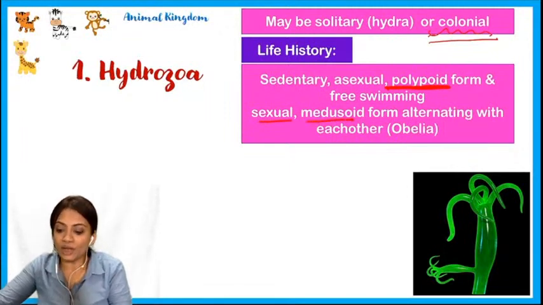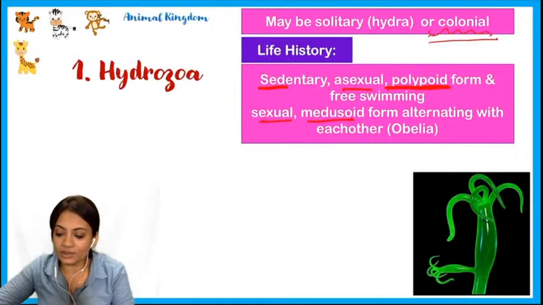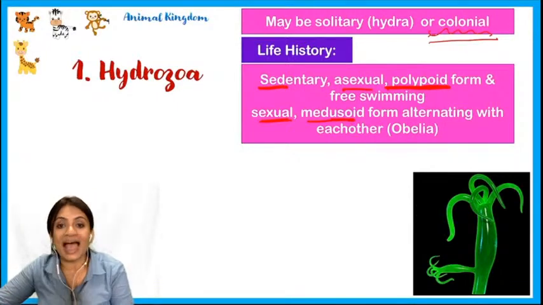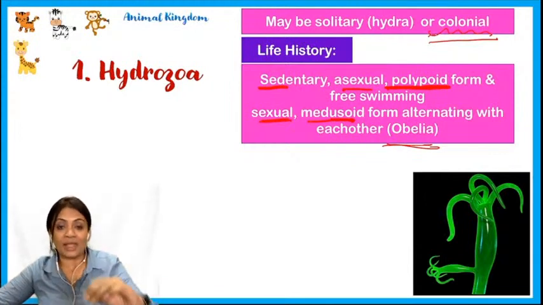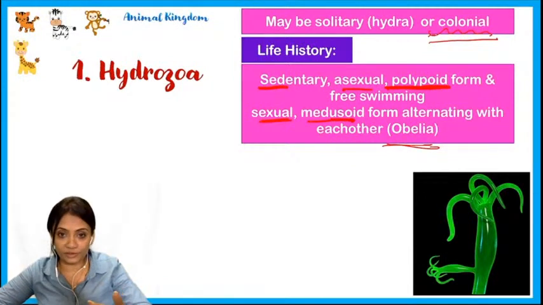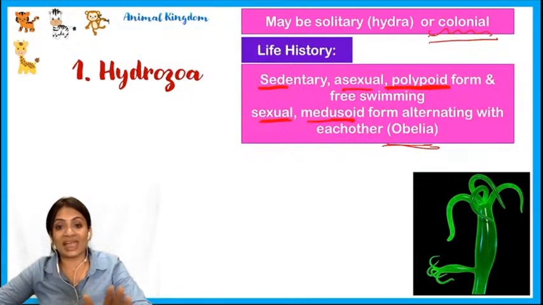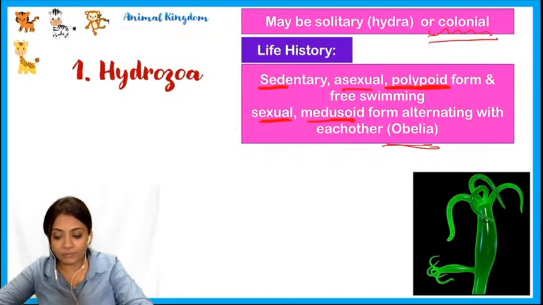So the sedentary asexual polypoid form, and then the sexual medusoid form, is what we are talking about in Obelia. Obelia is an organism in the Hydrozoa class that shows both body forms, the asexual polypoid one and the sexual medusoid one.